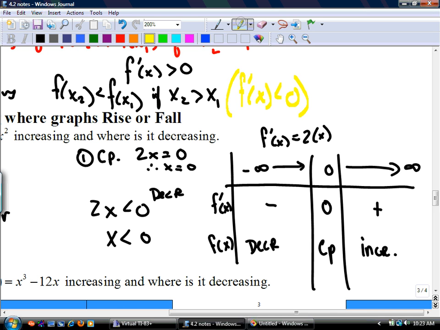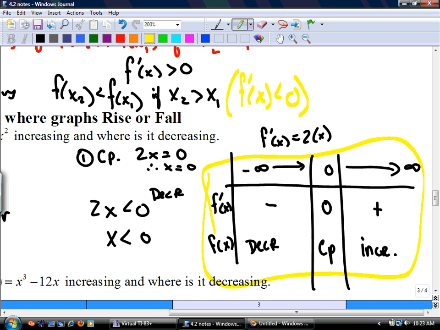I just pick numbers. This process is called sign analysis. It's easy. All you have to do is find the critical points. You know how to do that.